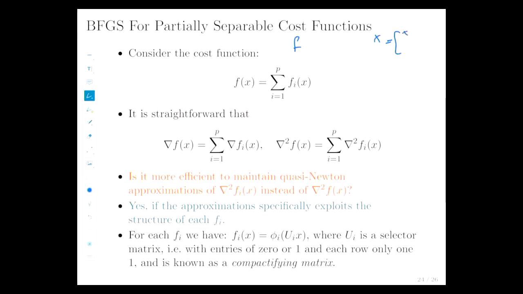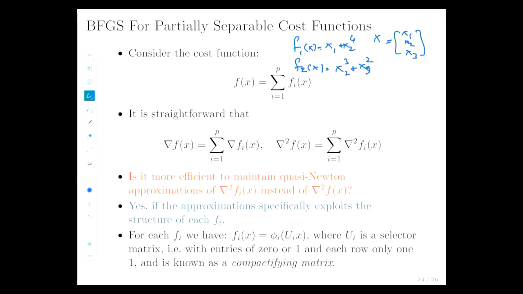So x is x1, x2, x3, and f1 of x is really just x1 plus x2 to the power 4, and f2 is x2 to the power 3 plus x3 squared. So these f's share the variable x2, but they don't have access to x1 or x3.